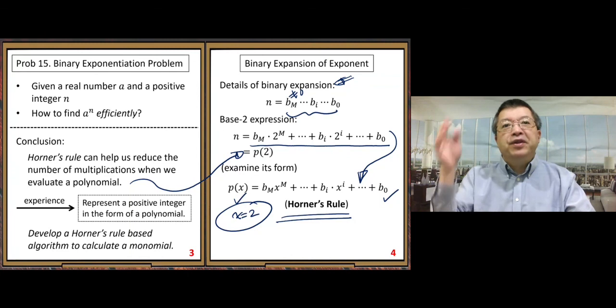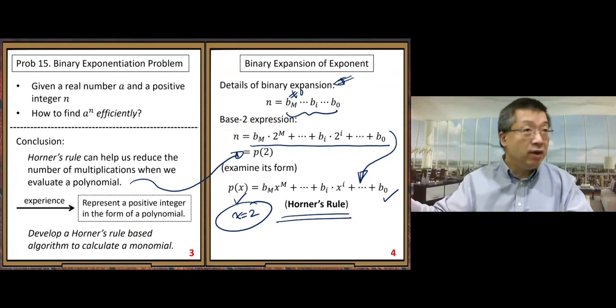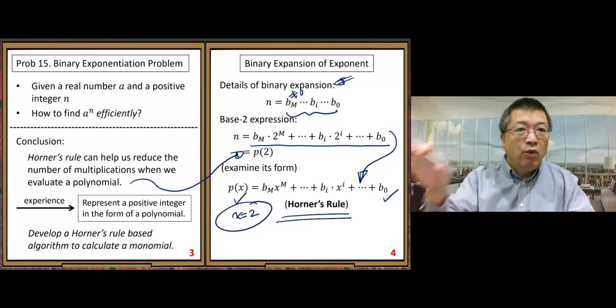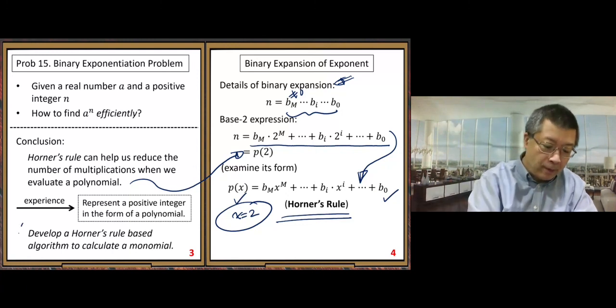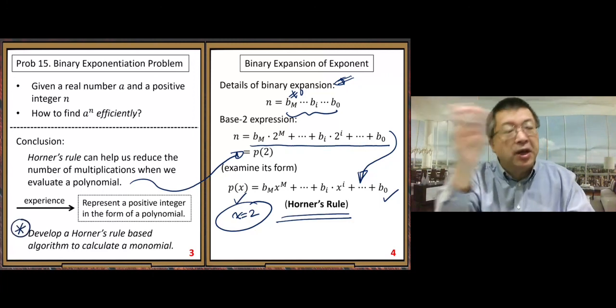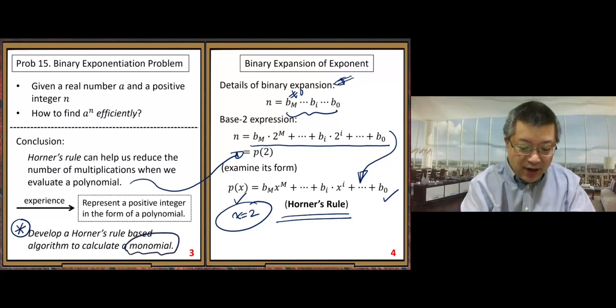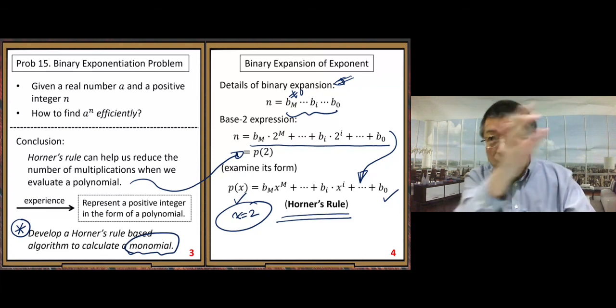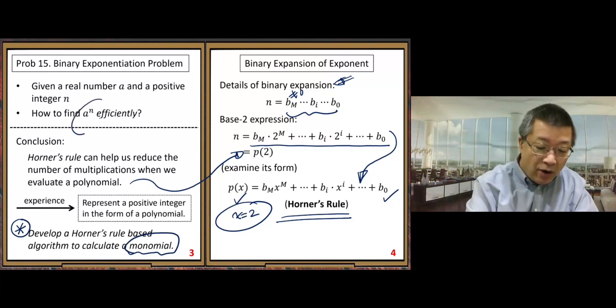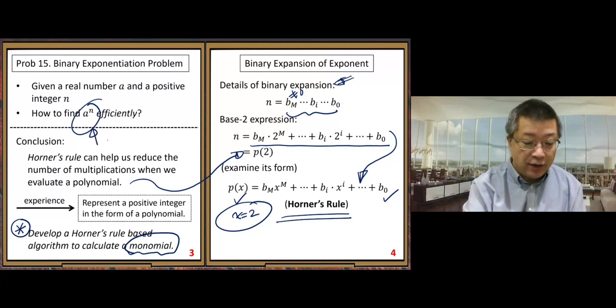In the remaining several videos, we will develop a Horner's rule-based algorithm to calculate a monomial. So here you can see, not a polynomial. A polynomial has multiple terms, but here we only do one term, this a to the n. We can call it a special monomial.